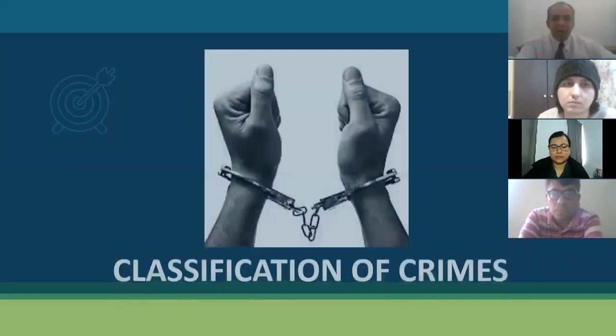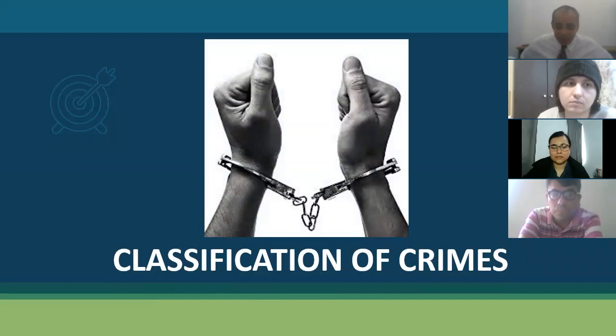Today we are going to talk about the classification of crimes. When we talk about the classification of crimes, we need to know that some of them are in groups, and we can call those groups subjects or matters.